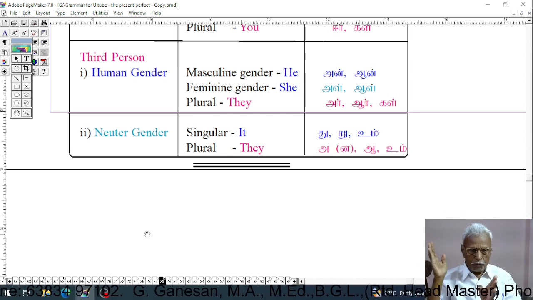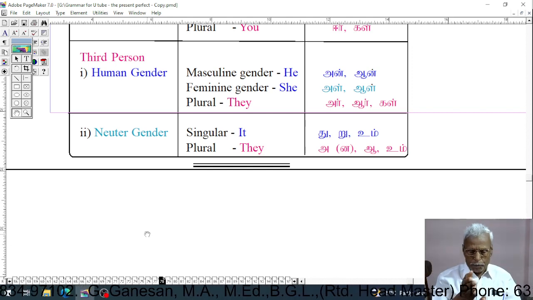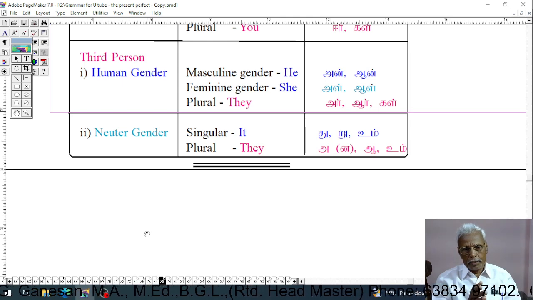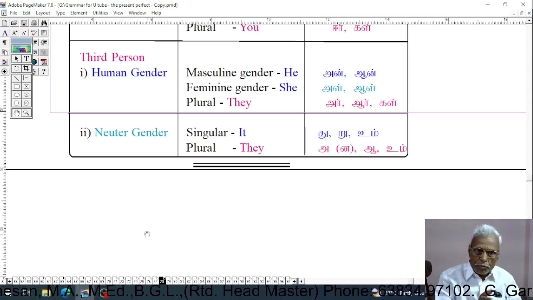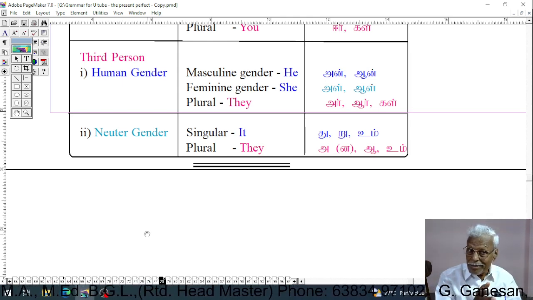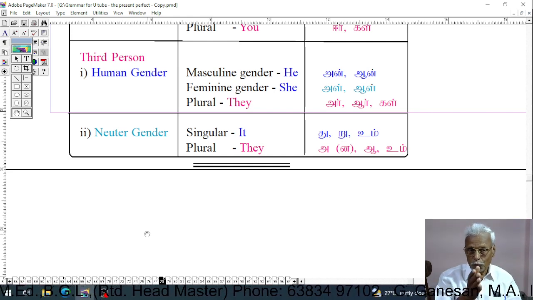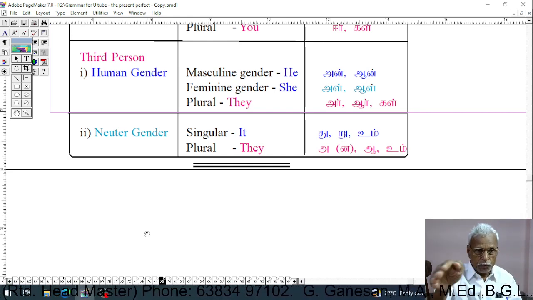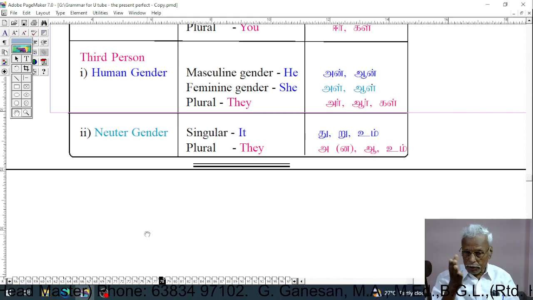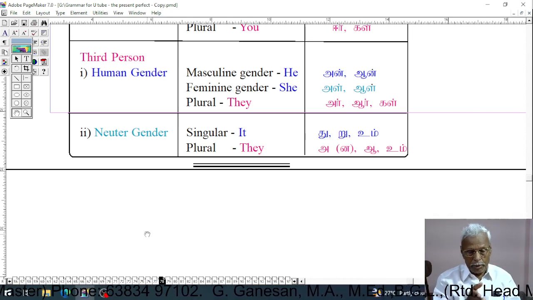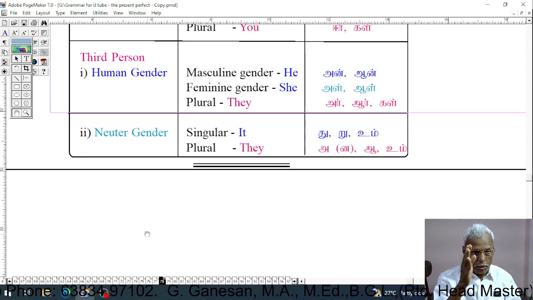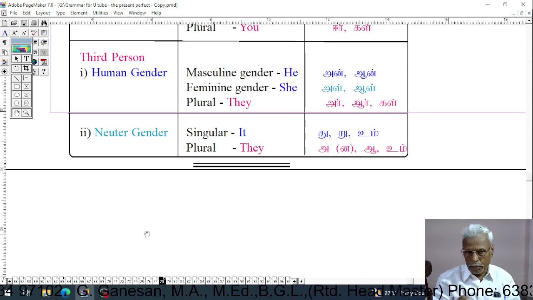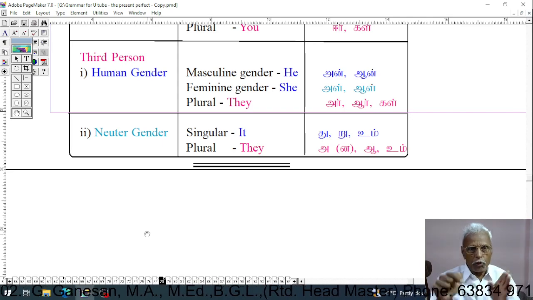That is, in short, regarding the neuter gender, the singular verb ends in து for past and present, and for future, உம். The plural verb ends in ன for past and present, and for future tense.